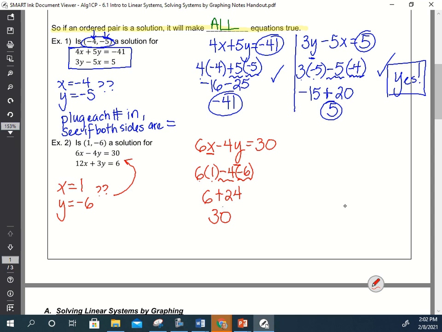So we have two sides that match. First equation's good. If the first equation is good, then we go to the second. If the first equation failed, the problem is over.